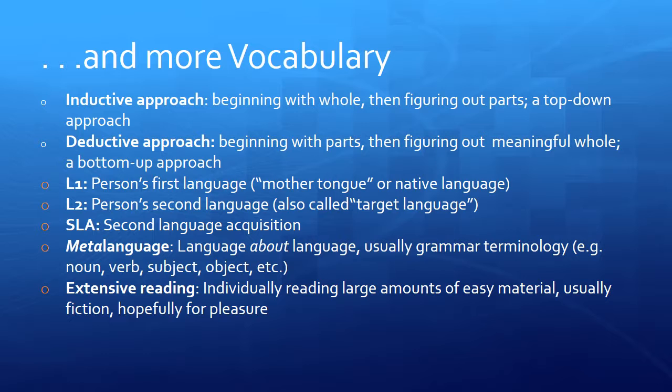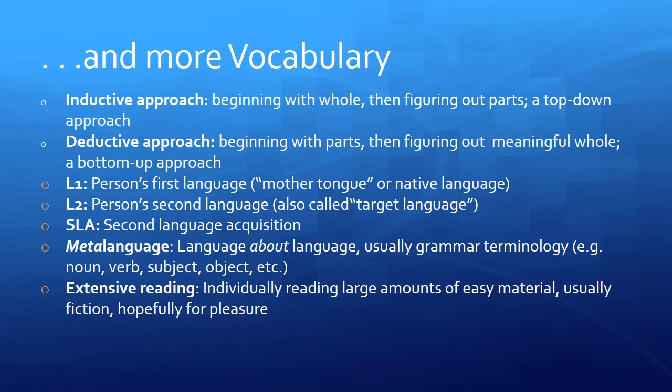We use the abbreviation L1 for a person's first language, their mother tongue. We use L2 for their second language, the target language, in our case, English. SLA, second language acquisition. Metalanguage, this is language about language, usually grammar terminology, words like noun, verb, subject, object, and so on. And extensive reading, this is used in a very specific way in this field.